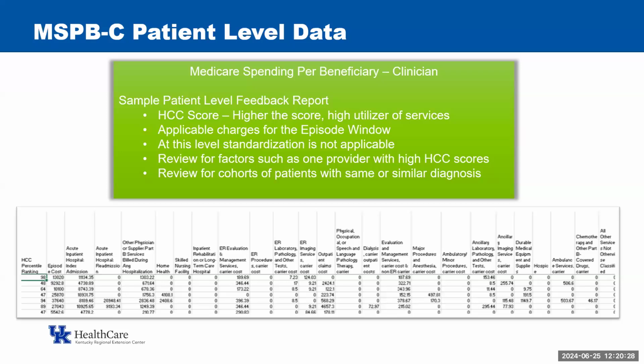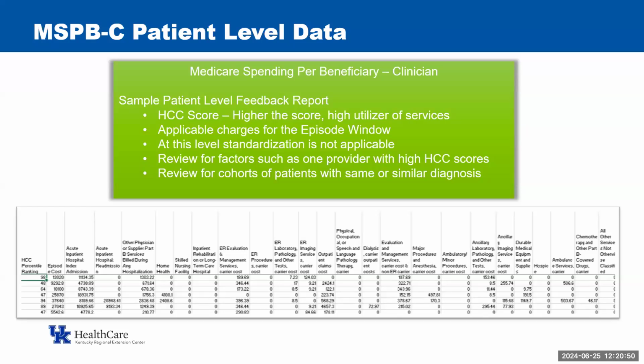And that percentile rank is going to be from 0 to 100%. Obviously, those patients with a higher HCC score, a higher rank, are going to be higher utilizers of services, with more charges associated with them. And a lot of times we see that it's not just that inpatient stay, but it's ED utilization.